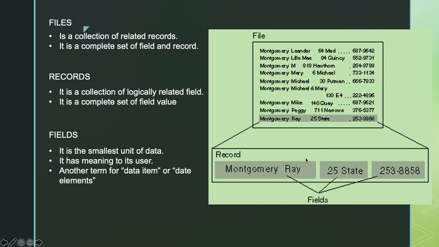It has meaning to each user. Okay? So, iba't ibang application, iba't ibang meaning yung bawat fields. Okay? Another term for data item and data elements. Sorry, this is data elements. Okay? So, ibig sabihin, bawat isang field, isang data element, or it is also called data elements.